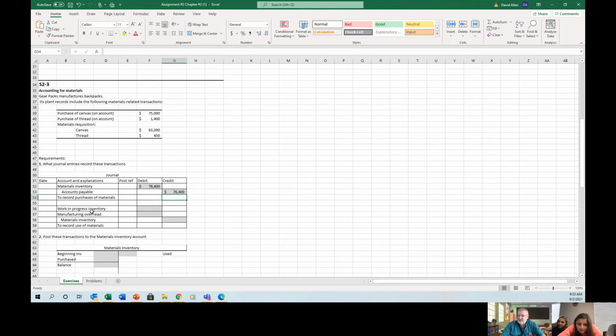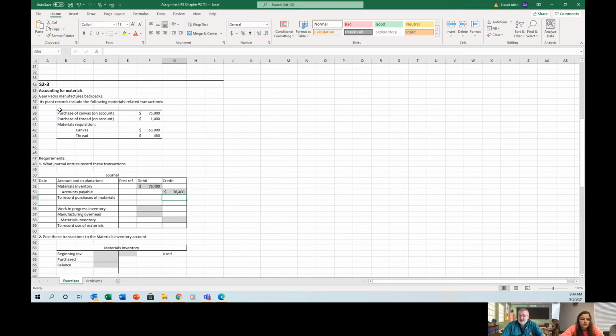So now we're going to move to our work in progress inventory. How do you think this is going to break out? What do you think is going to go in here in our direct materials inventory? I want to say it's the same thing, but I don't know if that's for sure.